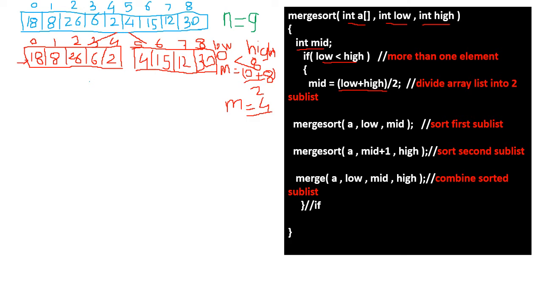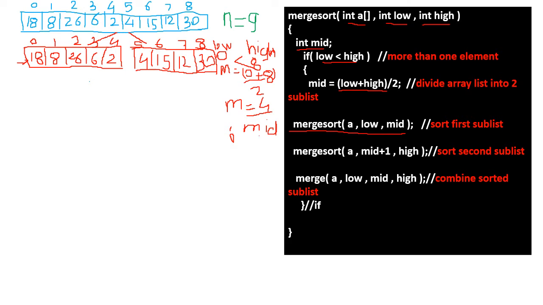And how can we apply this, means how do we divide this sublist into two equal parts? Here is the recursive call of the merge sort function, that is merge sort a, low and mid. Low value is 0 and here we get our mid as 4.